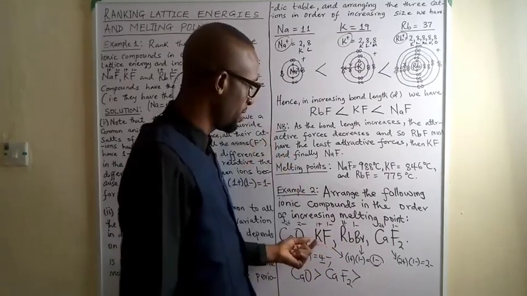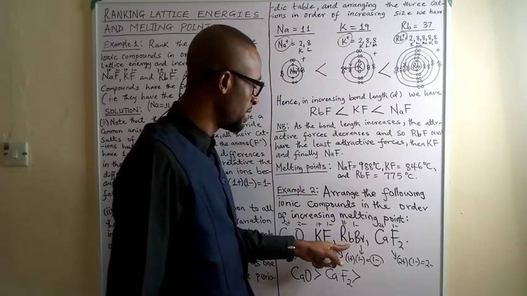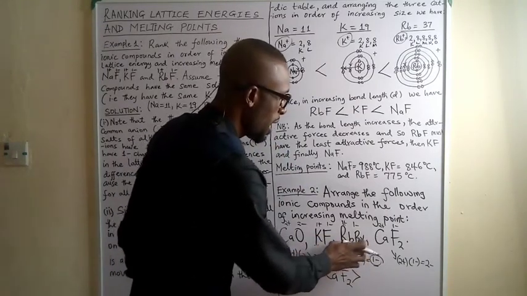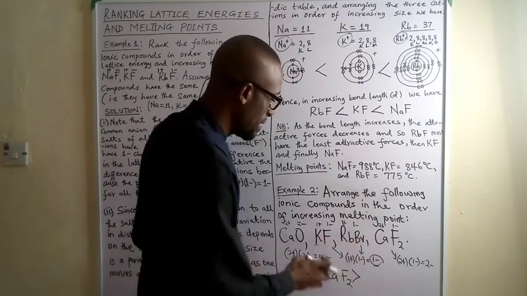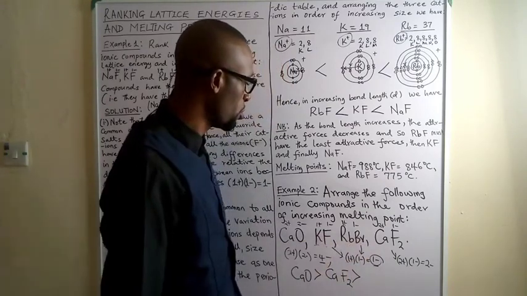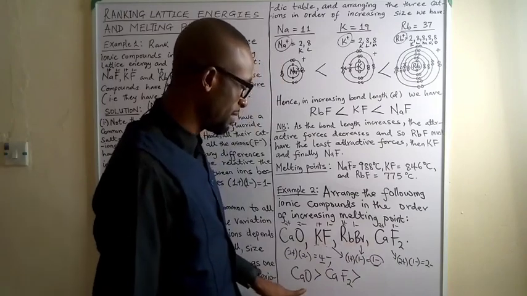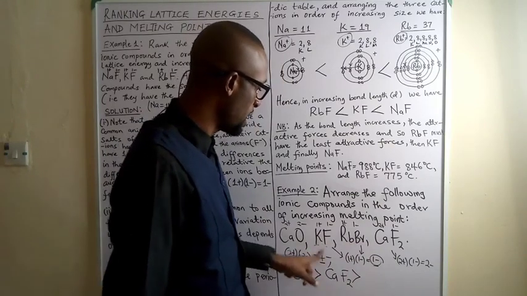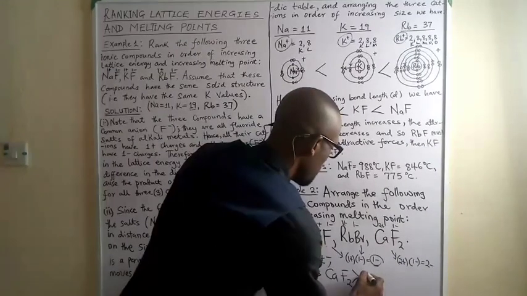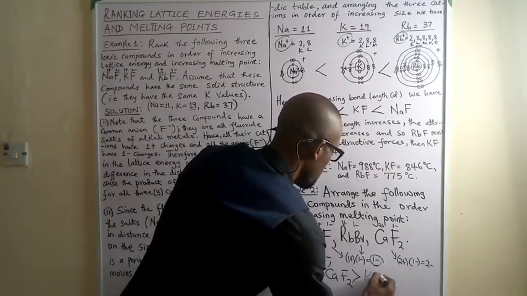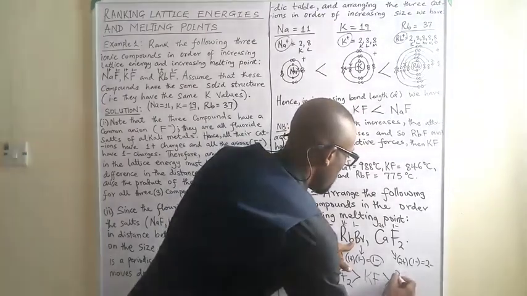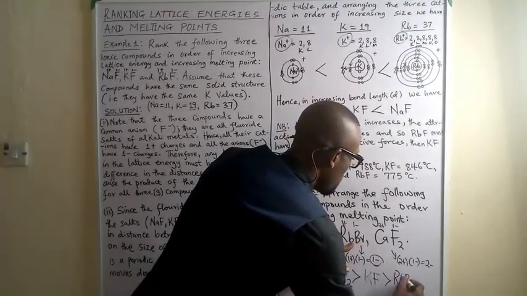Just as rubidium ion is larger in size than what? Potassium ion. So these two ions are larger in size than these two ions, okay? So you discover again that the ionic strength here is greater than this, while the lattice energy here is greater than this, from what I just explained.